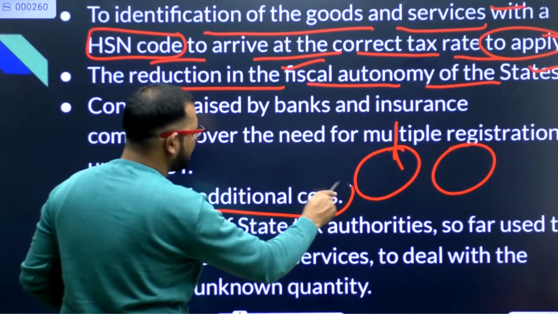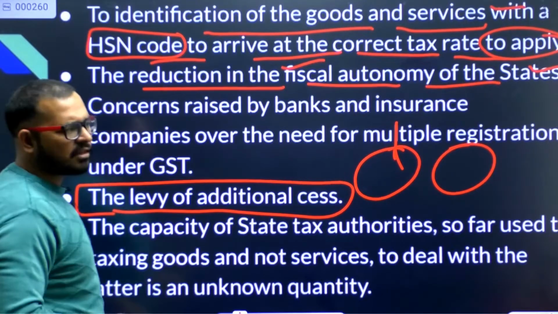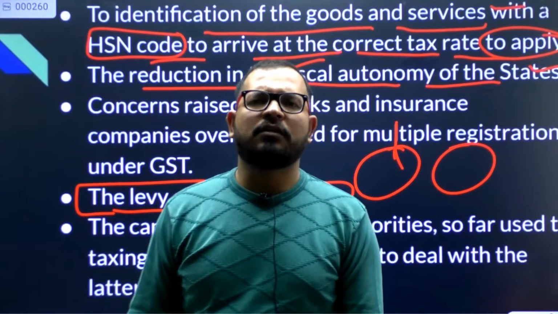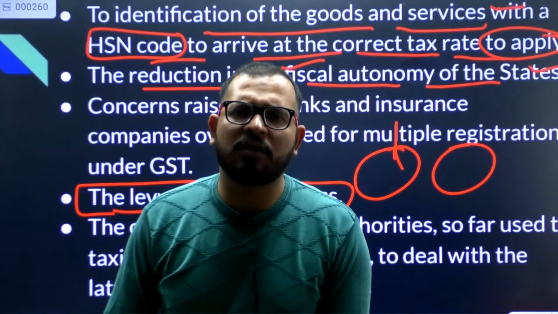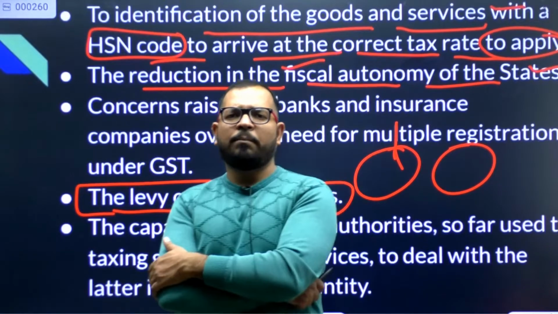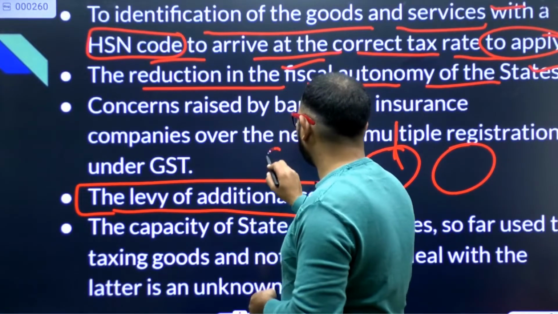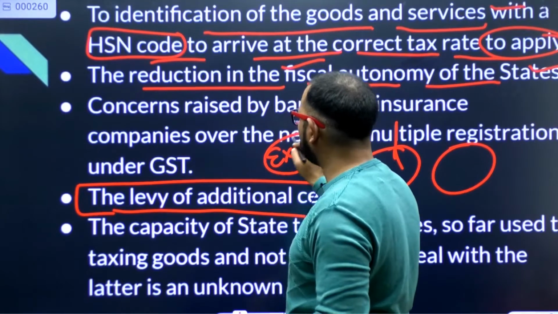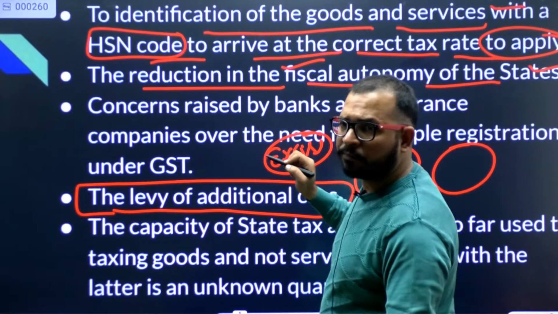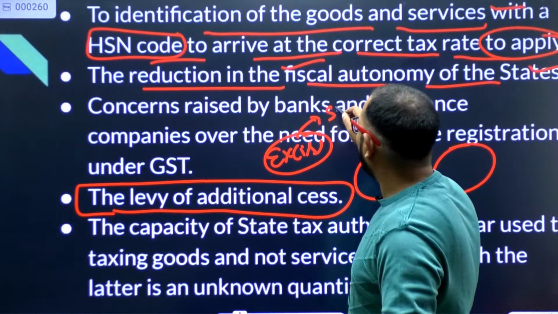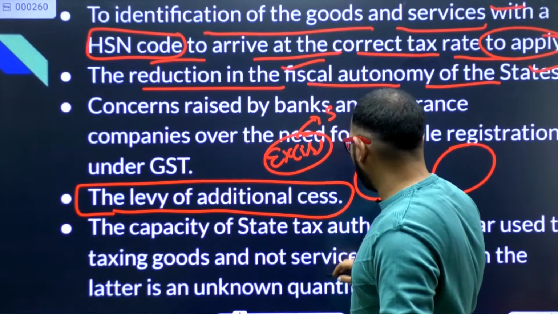Levy of the additional cesses. What are these additional cesses? Now if you know about the diesel tax structure or the petrol tax structure, then particularly you will get to know that yes, it is an issue. How? Because excise on petrol or diesel is not under the GST. So is it levied by the state, or by the center?